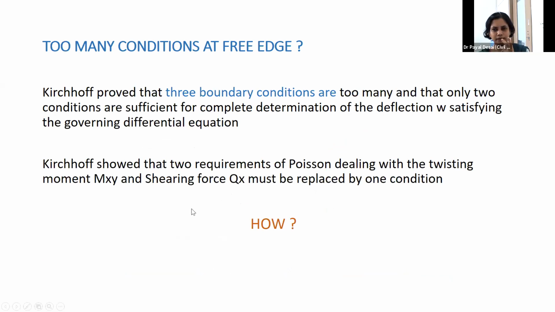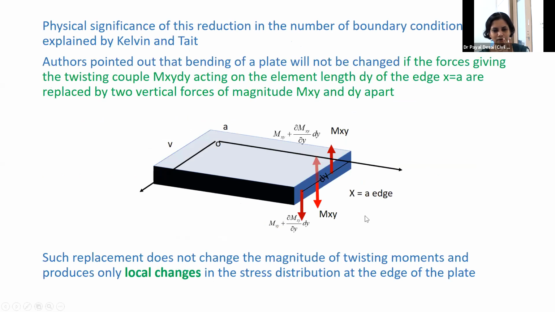The twisting moment is replaced with a couple, of the same magnitude but in the form of forces, just like a force couple in a steering wheel. So to reduce Mxy, combine Qx and Mxy, the shear force on that surface, they decided to replace it with the couple.